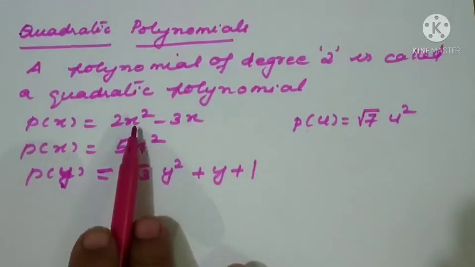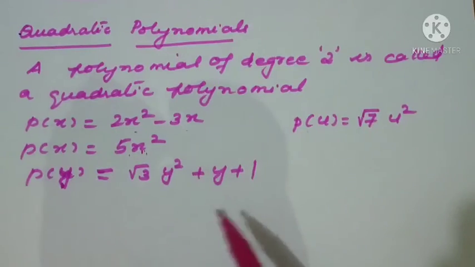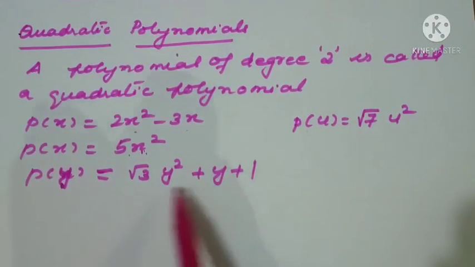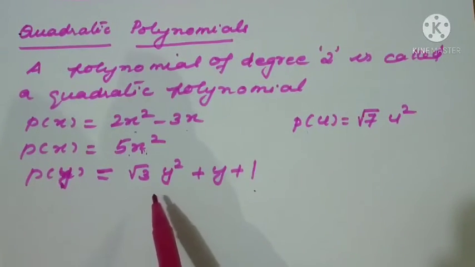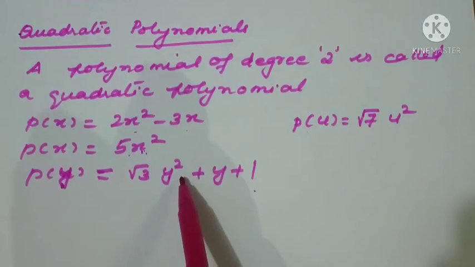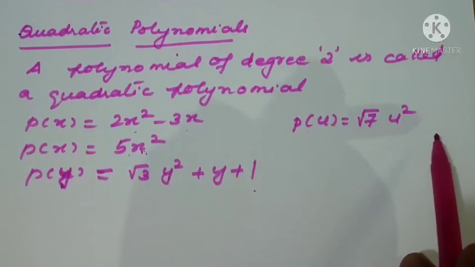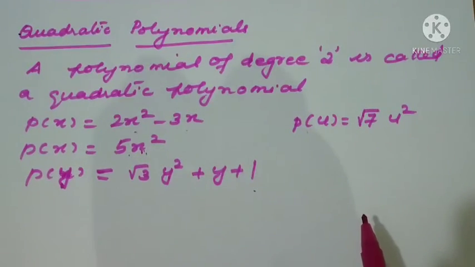Similarly, 2x square minus 3x has 2 terms, but the highest power of the variable is 2, so again it is an example for quadratic. Root 3 y square plus y plus 1 is a trinomial based on the number of terms, but the degree is 2, so it's an example for quadratic. Here again root 7 u square only, the degree is 2, so it's an example for a quadratic polynomial.